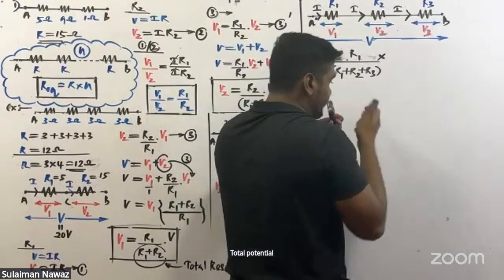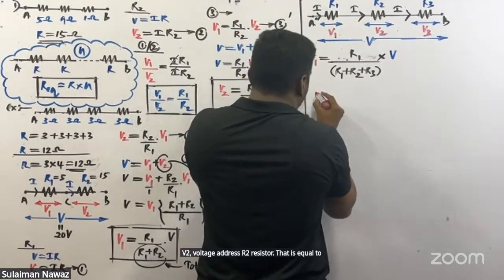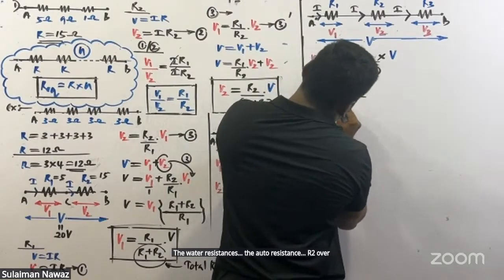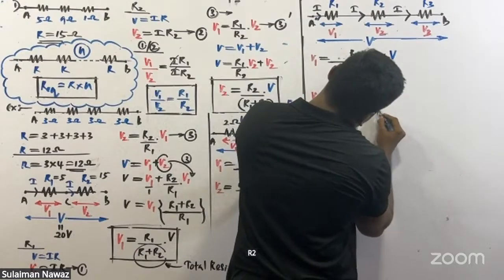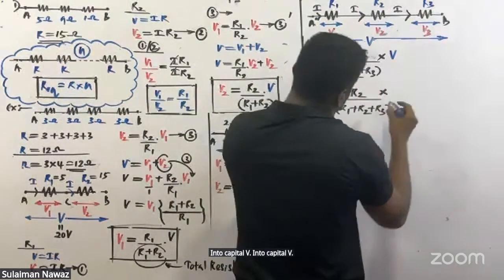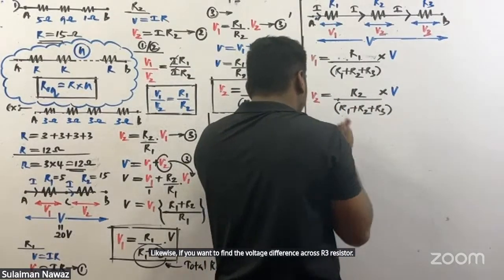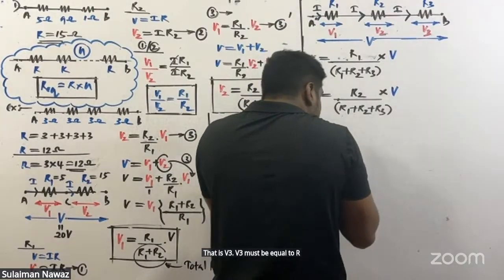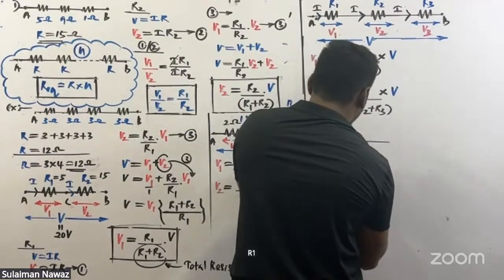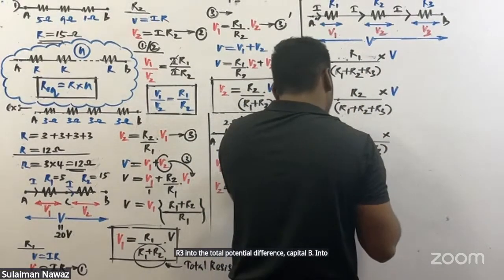Likewise, V2, the voltage across R2, is equal to R2 over total resistance R1 plus R2 plus R3, times capital V. Likewise, V3 must be equal to R3 over R1 plus R2 plus R3, times the total potential difference, capital V.